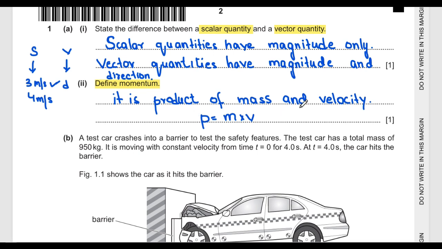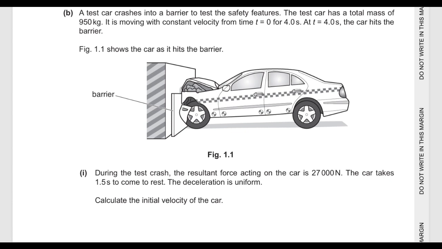Next question is saying a test car crashes into a barrier to test safety features. The car has total mass of 950 kg and it is moving with constant velocity for time t equals to 0 to time 4 seconds, and the car then hits the barrier.